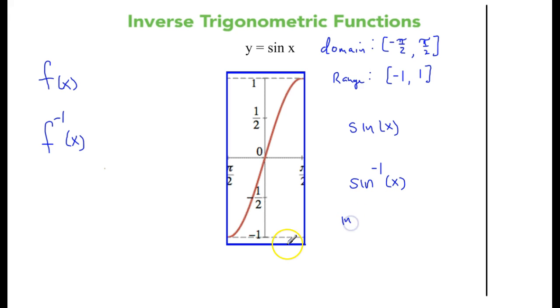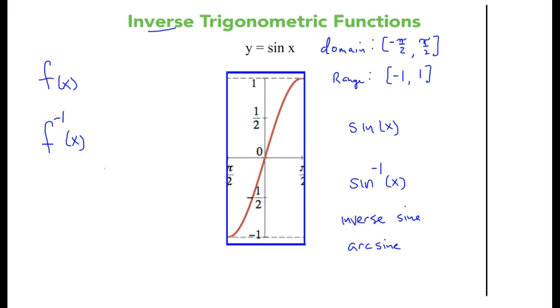All right, inverse sine, or more formally known as the arcsine function. All the trig functions, when we talk about their inverse functions, we're going to call it arcsine, arccosine, arctangent, arccotangent. We just put the arc in front of the original name, and we're dealing with the inverse function.